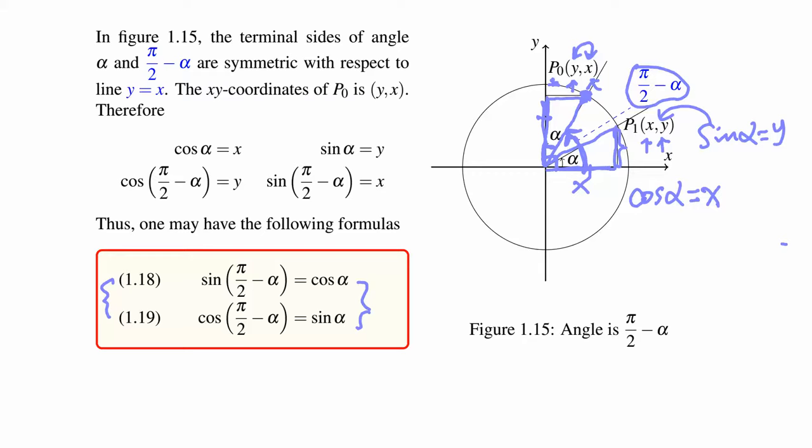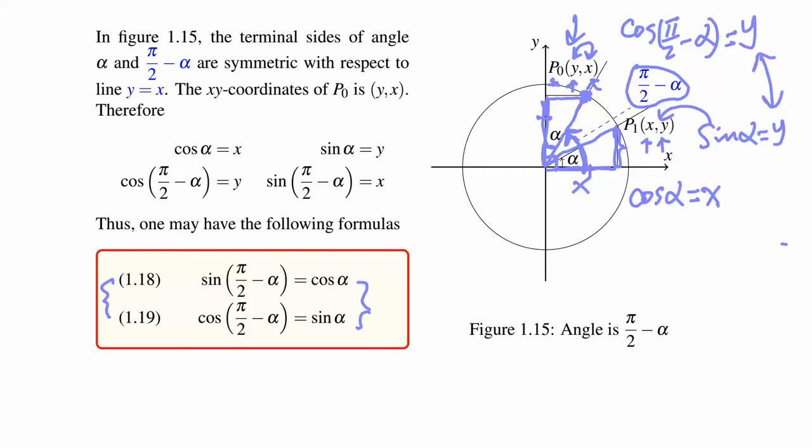Then it tells us what? Cosine pi over 2 minus alpha is the x coordinate, which is y. But you know, sine alpha is y, so they are equal.